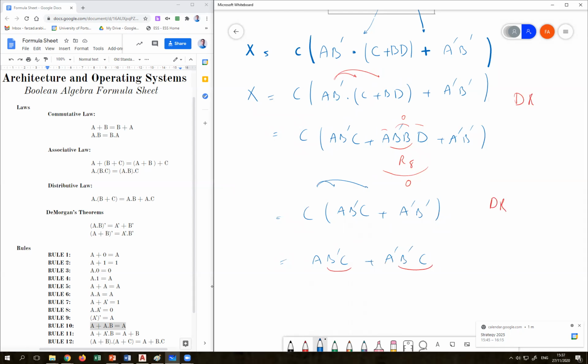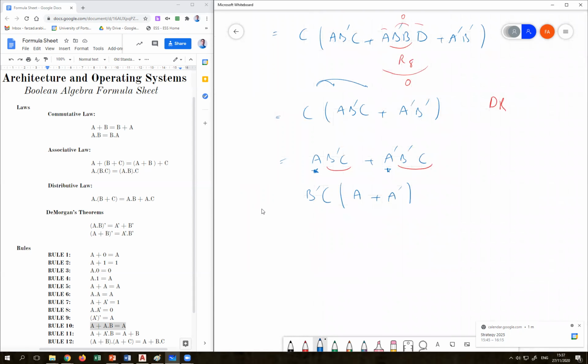Why? Because I can see A and A naught here. If you take a common factor of B naught C, I get A from the first one, and from the second one, A naught. So what I get is B naught C and A or not A.